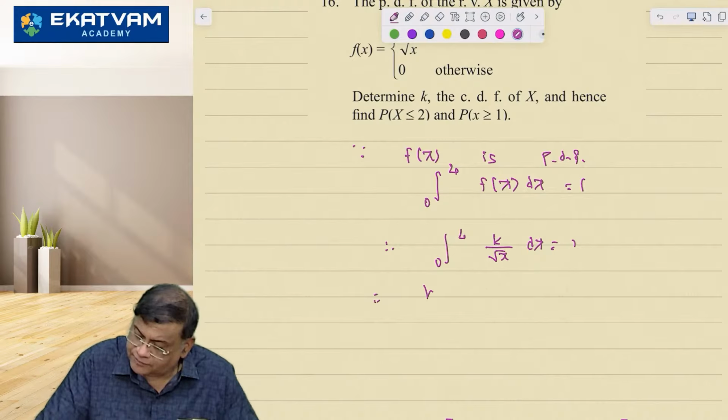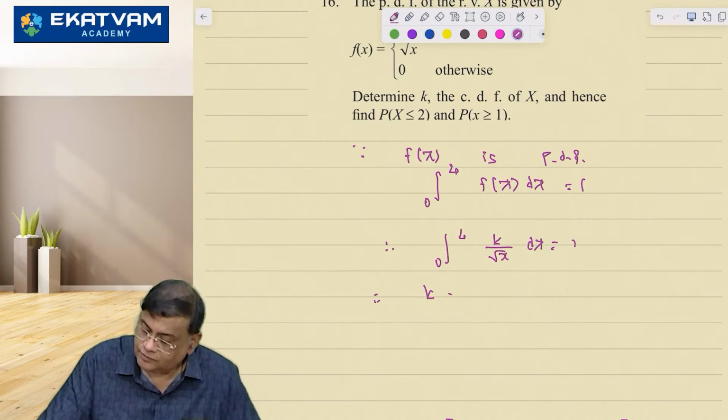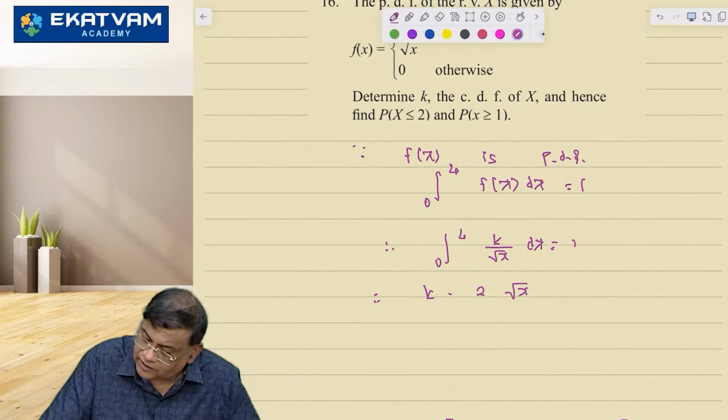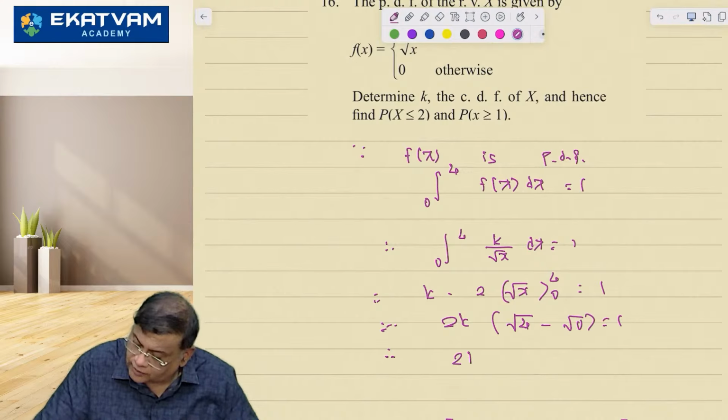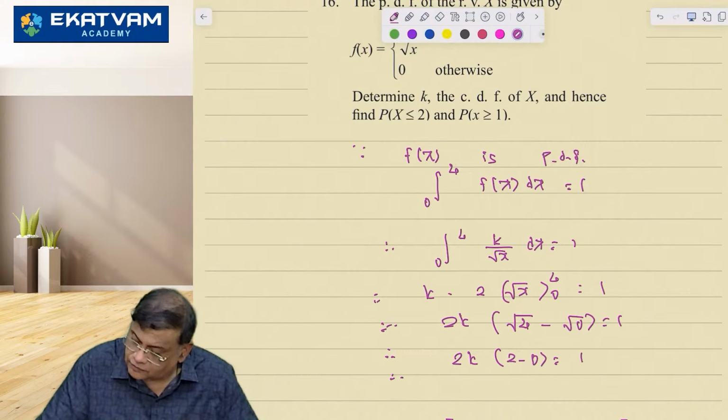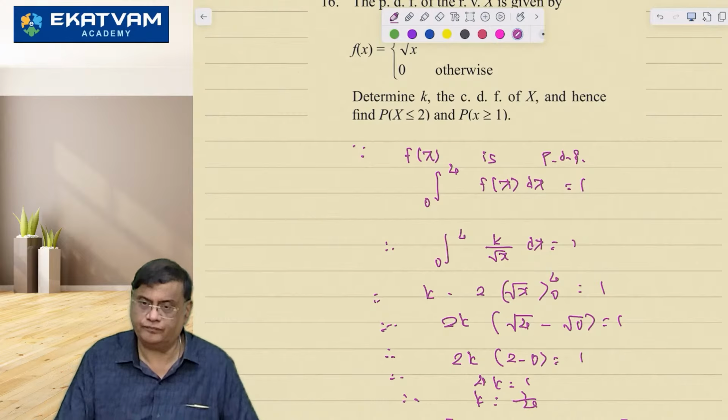So k kept as it is. What is the integration of root x? So 2 root x going from 0 to 4 is 1. So 2k root 4 minus root 0 should be 1. So 2k into 2 minus 0 should be 1. So 4k is 1. So k is 1 by 4.